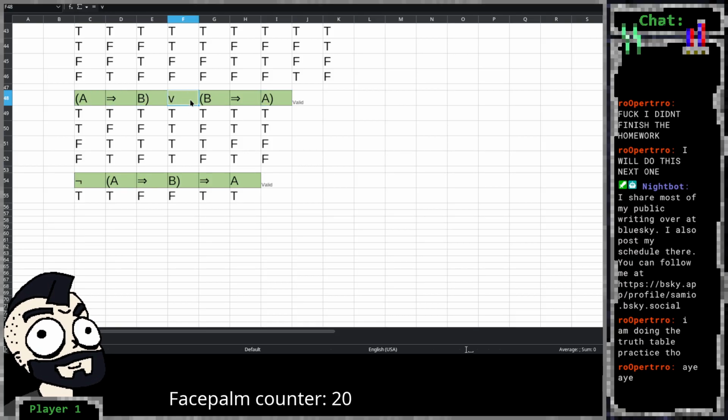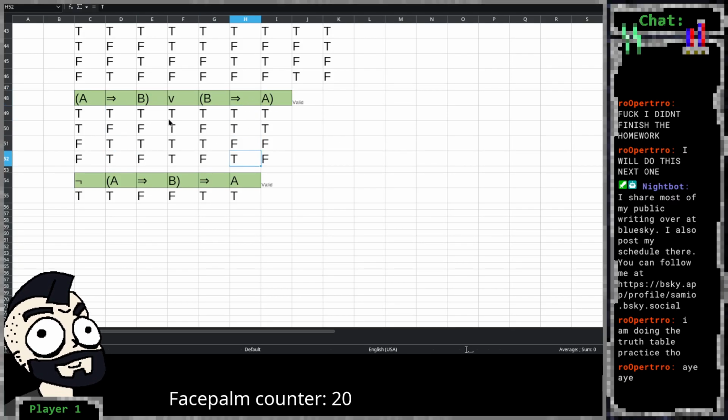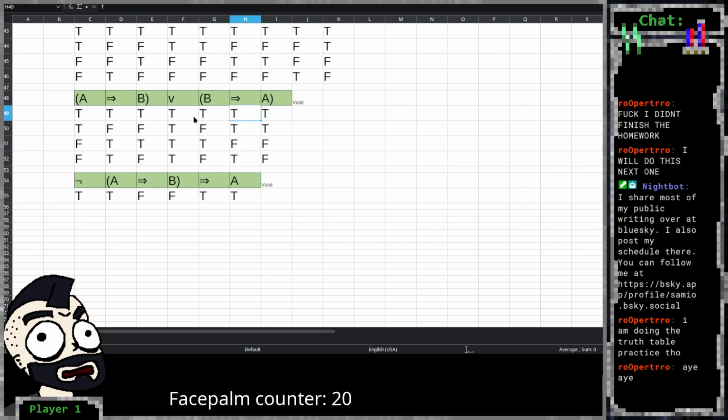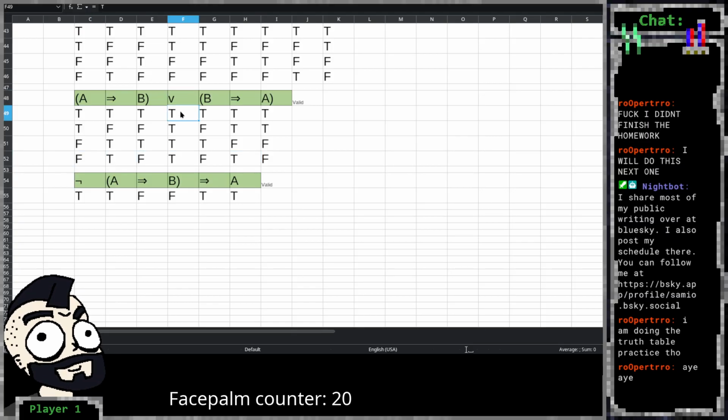A implies B or B implies A, and this is valid. So A implies B is TFTT, B implies A is TTFT. So at least one of them is true, yes. At least one of them is true, yes.